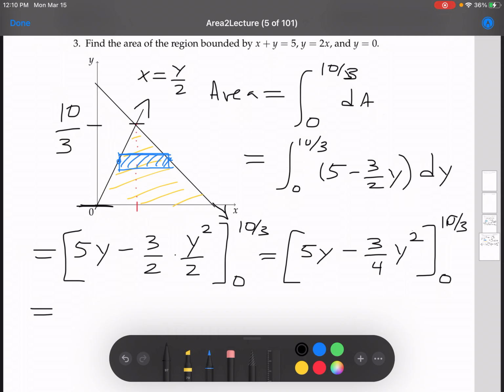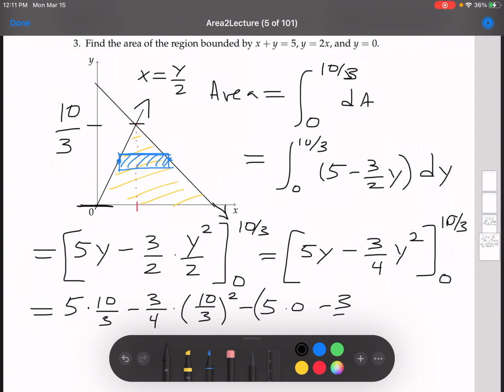And now plugging in our values, we have 5 times 10/3 minus 3/4 times the square of 10/3, minus, now plugging in the zeros, 5 times 0 minus 3/4 times 0 squared. That's just going to be a bunch of zeros, so we'll get rid of that.